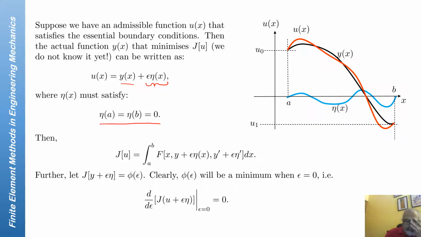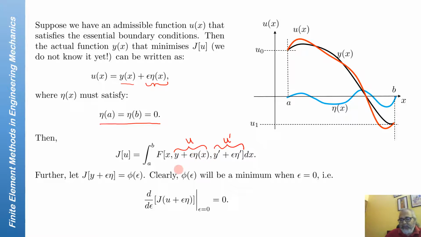Now I can plug this into J(u), the functional. In place of u, I have y plus epsilon eta, and in place of u prime, y prime plus epsilon eta prime. Now let us call this whole thing a function of epsilon.